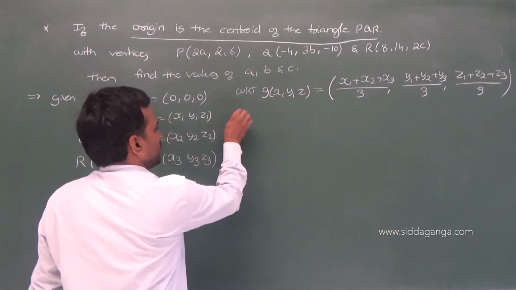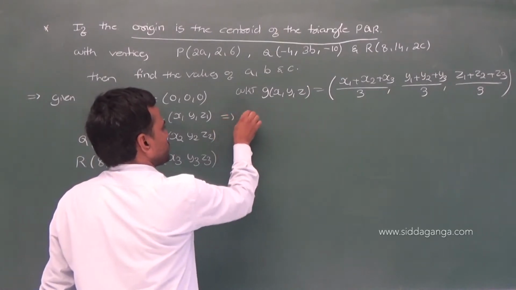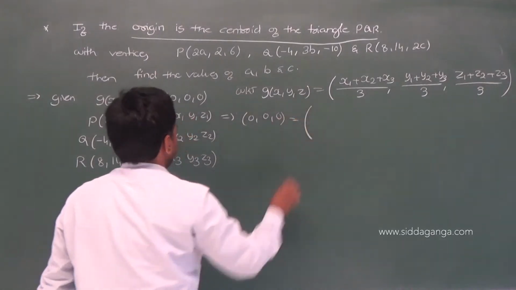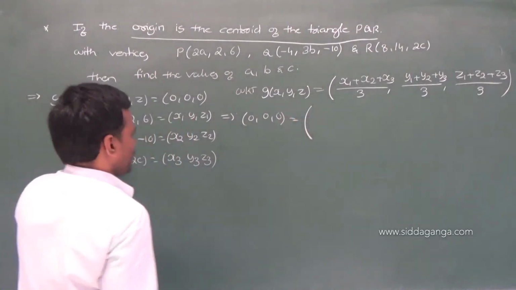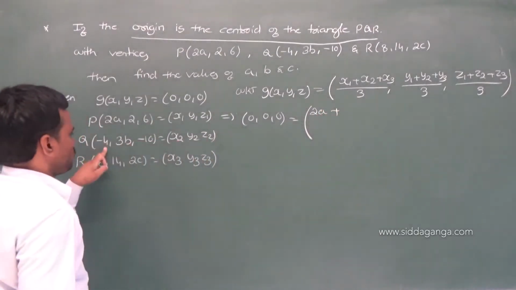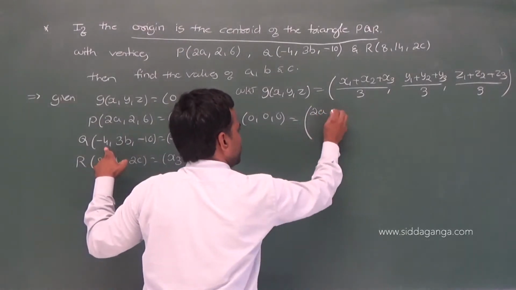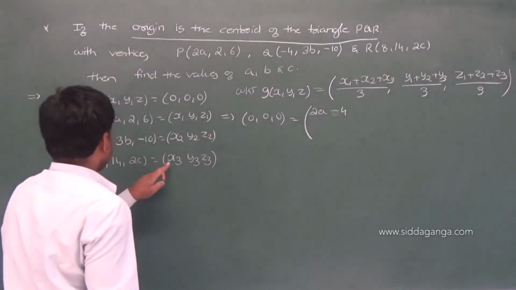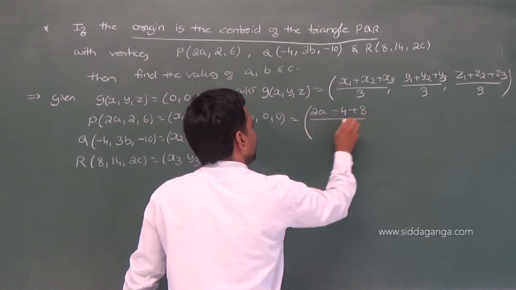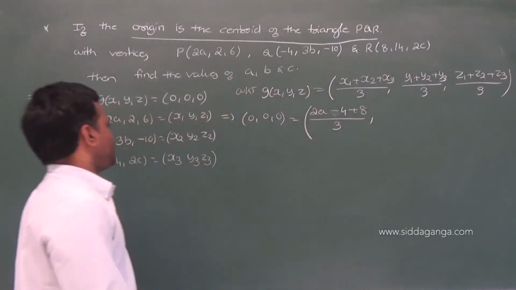So 0, 0, 0 is equal to x1 is what? 2a plus x2 minus 4 plus x3 8 divided by 3. X coordinate is over.